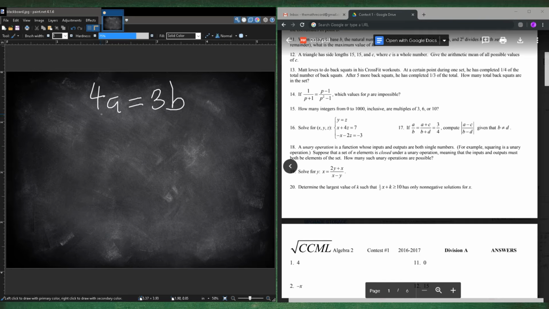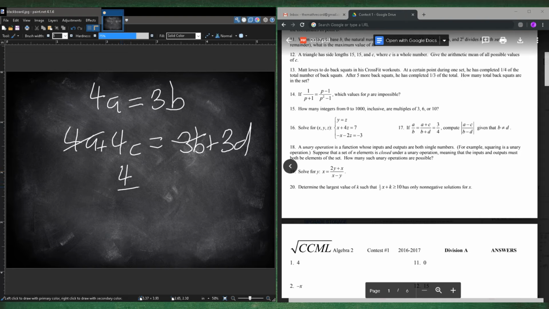And you have A plus C divided by B plus D. So we have 4A plus 4C, for the second and third one, basically, is equal to 3B plus 3D. So substitute the 3B in for 4A. So this thing cancels out with this one technically. So 4/3 of C is equal to D. So that's what it states.